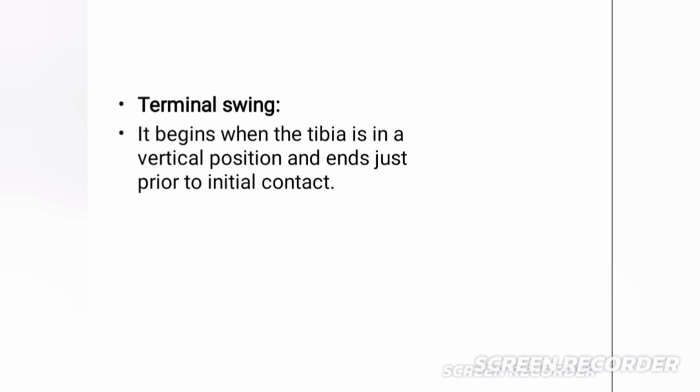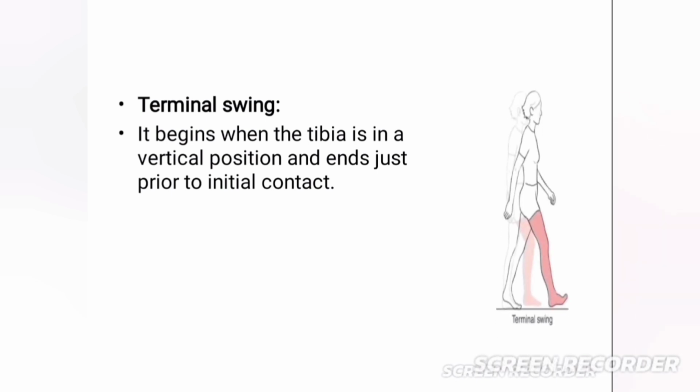And the last is the terminal swing, which is similar to the deceleration of the traditional phase. It begins when the tibia is in the vertical position and ends just prior to the initial contact. So after the terminal swing, the new gait cycle is initiated from the initial contact.